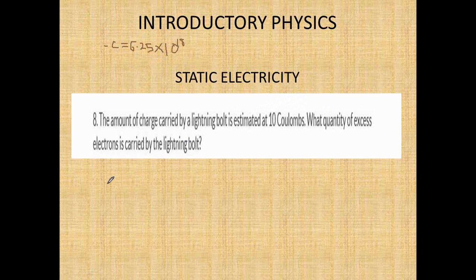So 10 coulombs is going to be 10 times that amount.